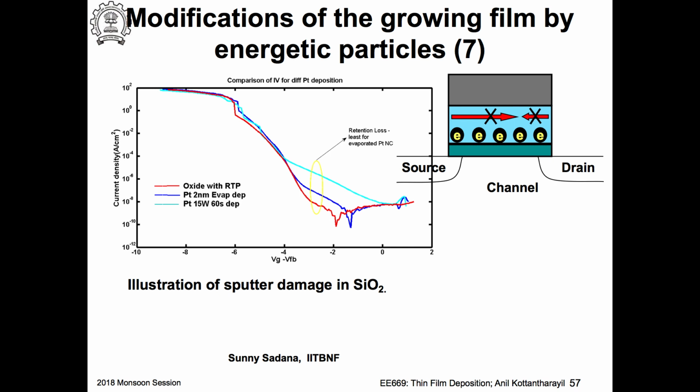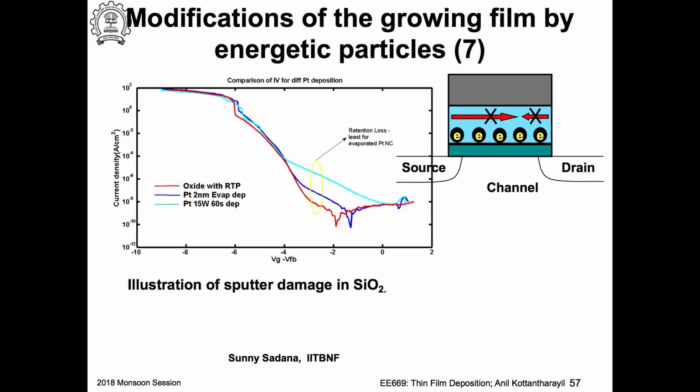And now you deposit platinum by evaporation. Essentially you are using an electron beam evaporator to deposit a platinum film. You see that in the low voltage range, the current has increased slightly. But now if you deposit it using a sputtering technique, the leakage current has increased further.